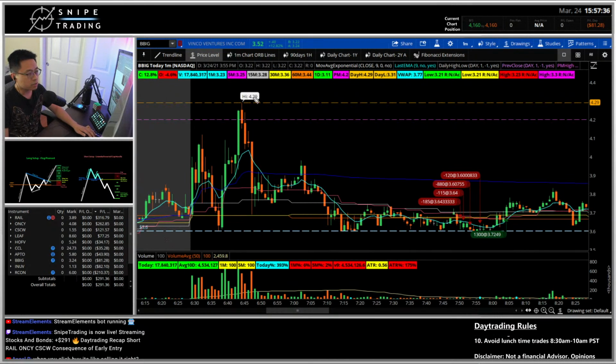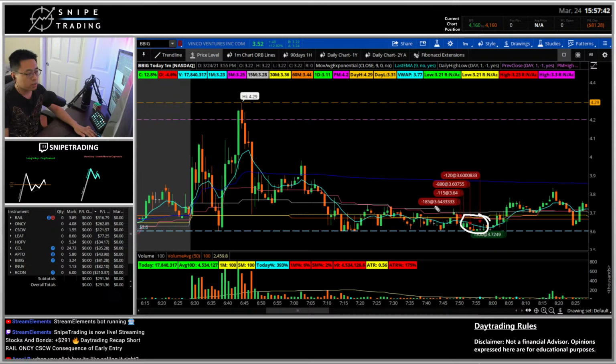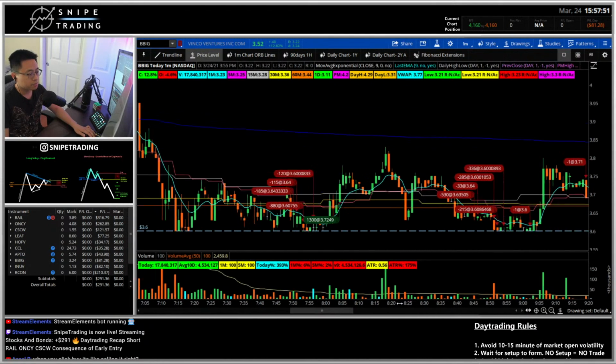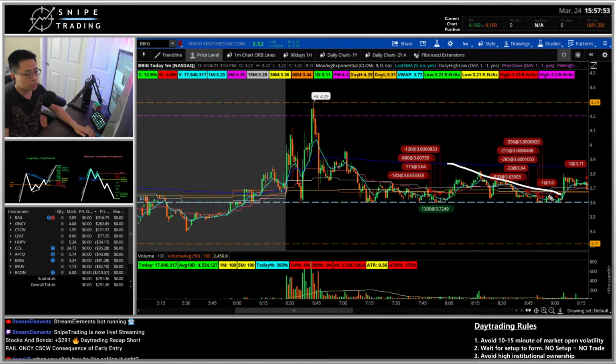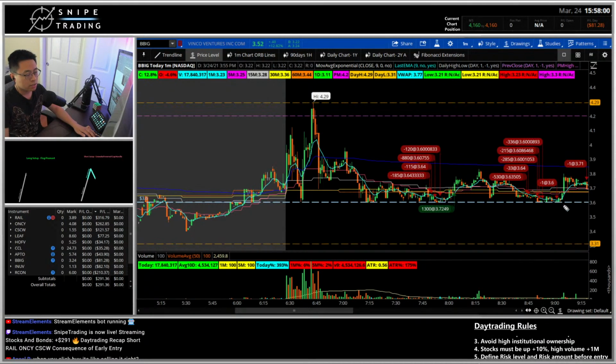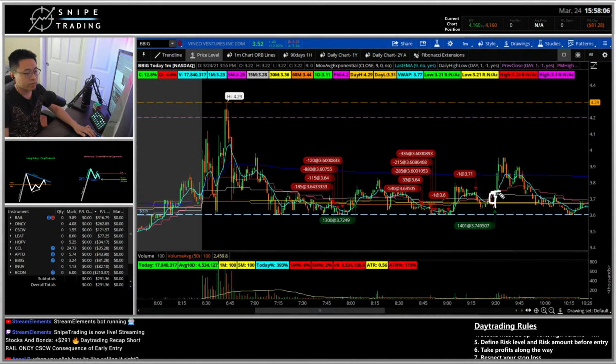When I saw lower highs forming, I thought it was going to break here. Went in and sized in, didn't work. It popped back up, I stopped out for I think a $150 loss. Later on, same thing, lower highs forming, sized in again, popped back up, and I stopped out again for another loss. Got squeezed.